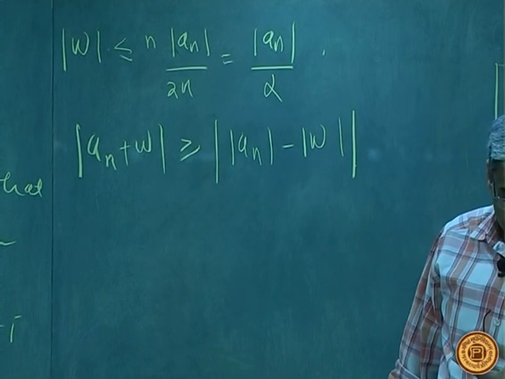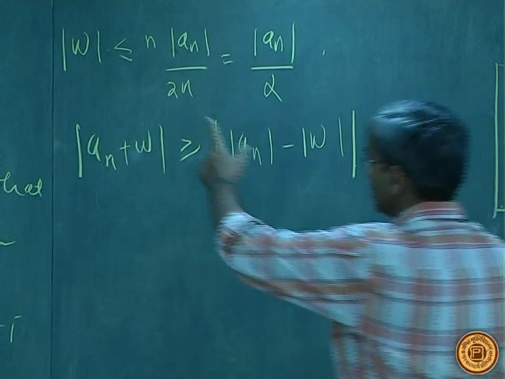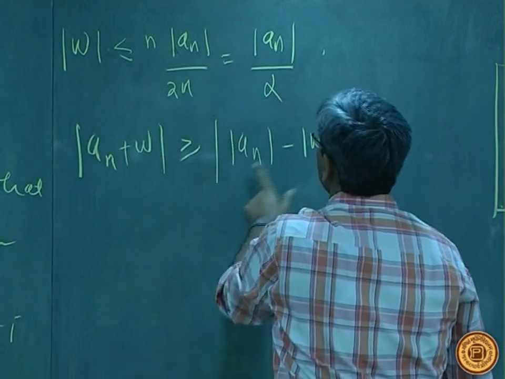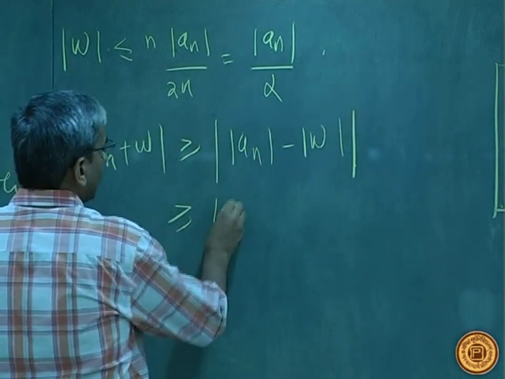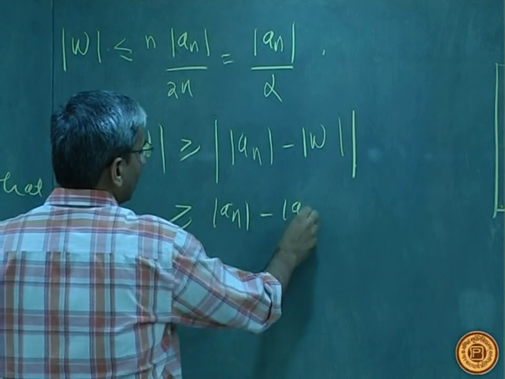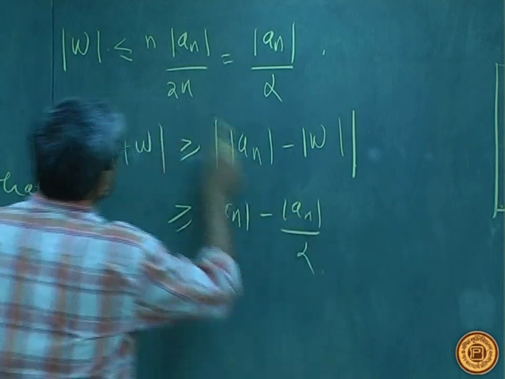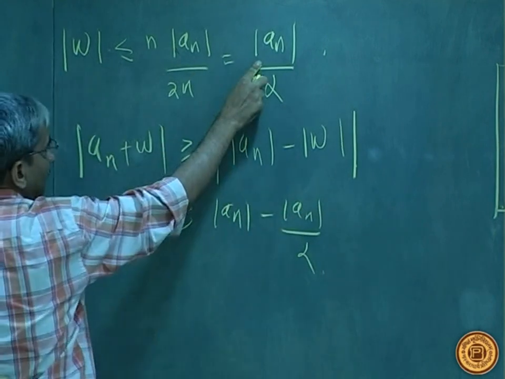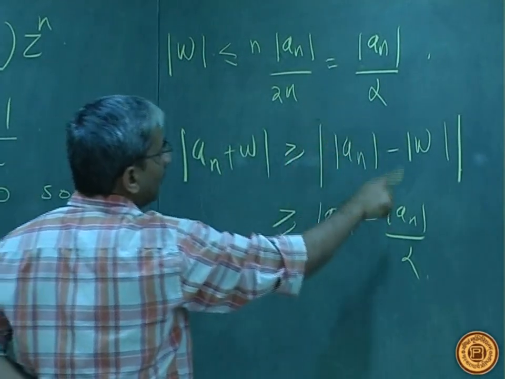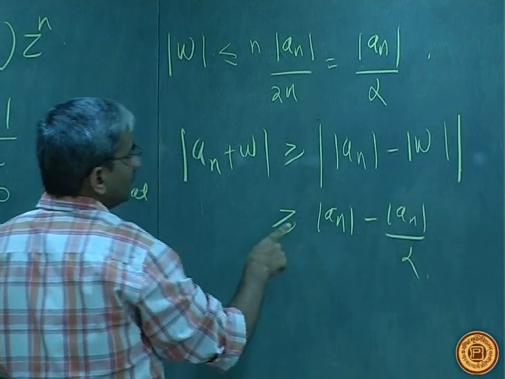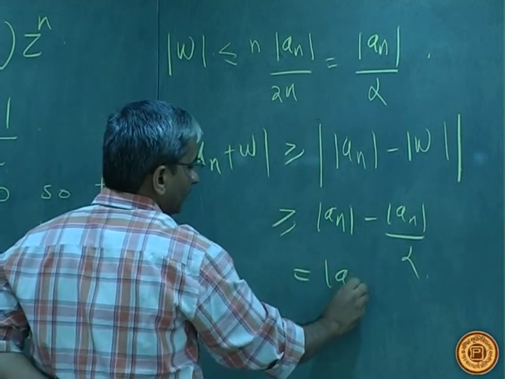Since mod w is less equal this and this is a minus sign, this is bigger equal mod an minus mod an by 2. See this, mod w is less than or equal to this, so minus mod w is bigger equal minus mod an by 2. So this will be equal to mod an by 2 again.